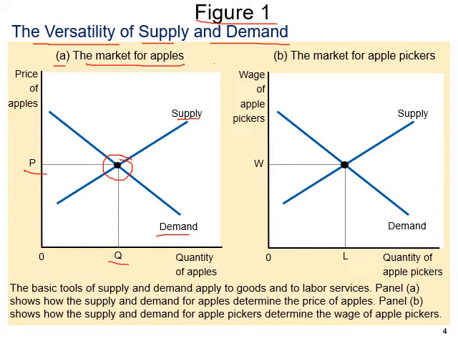On the other hand, panel B displays the market for apple pickers. This market shows how the supply of apple pickers and the demand for apple pickers determine the equilibrium wage for apple pickers and the equilibrium quantity of apple pickers.